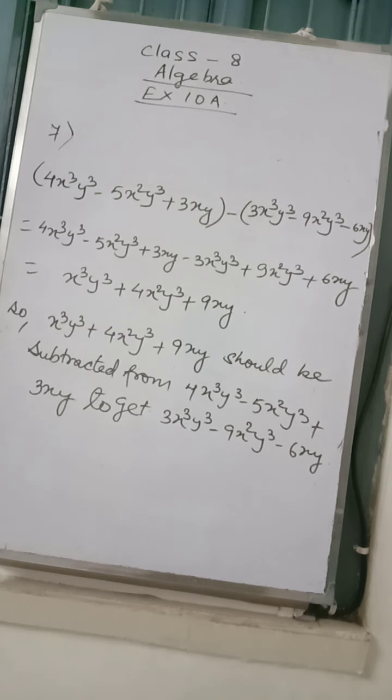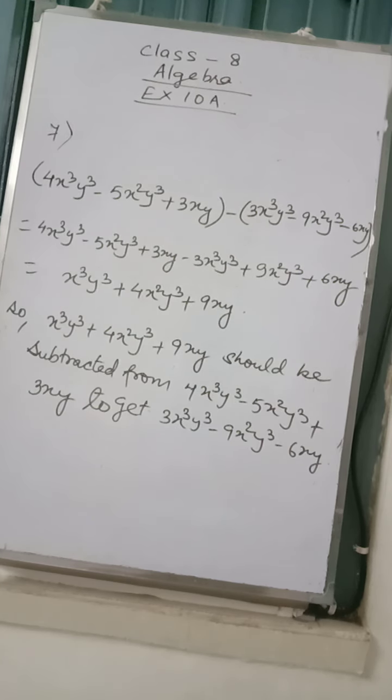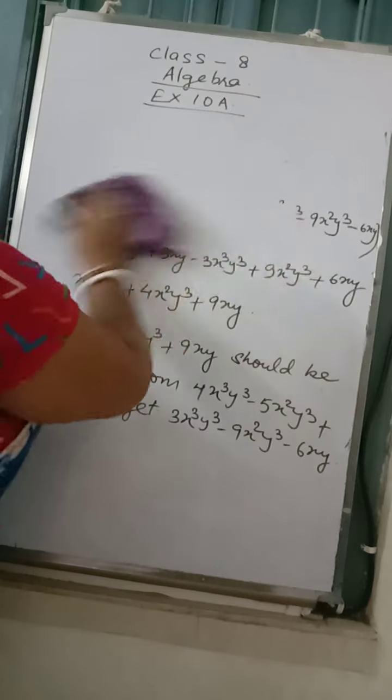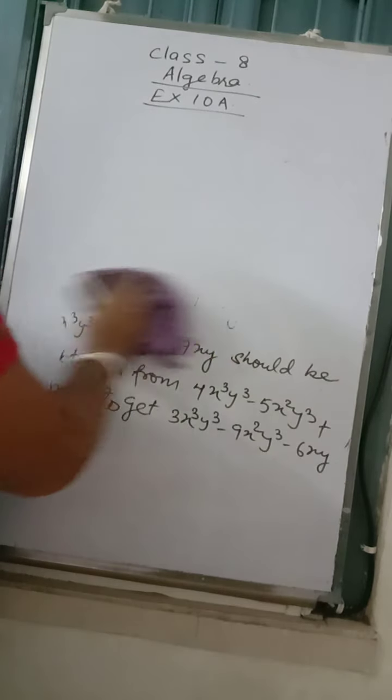Next we have multiplication of algebraic expressions. Here first we have to multiply monomial by monomial, then binomial by binomial. So we start exercise 10b. Look at question number 1 from exercise 10b.